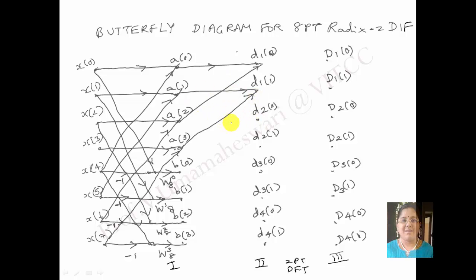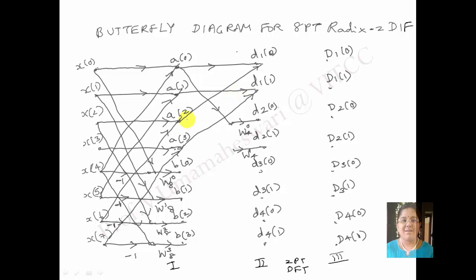Similarly, what is d2 of 0? For d2 of 0 and d2 of 1, it involves trivial factors, because d2 of n equals a of n minus a of n plus N by 4 into W_{N/2}^n.